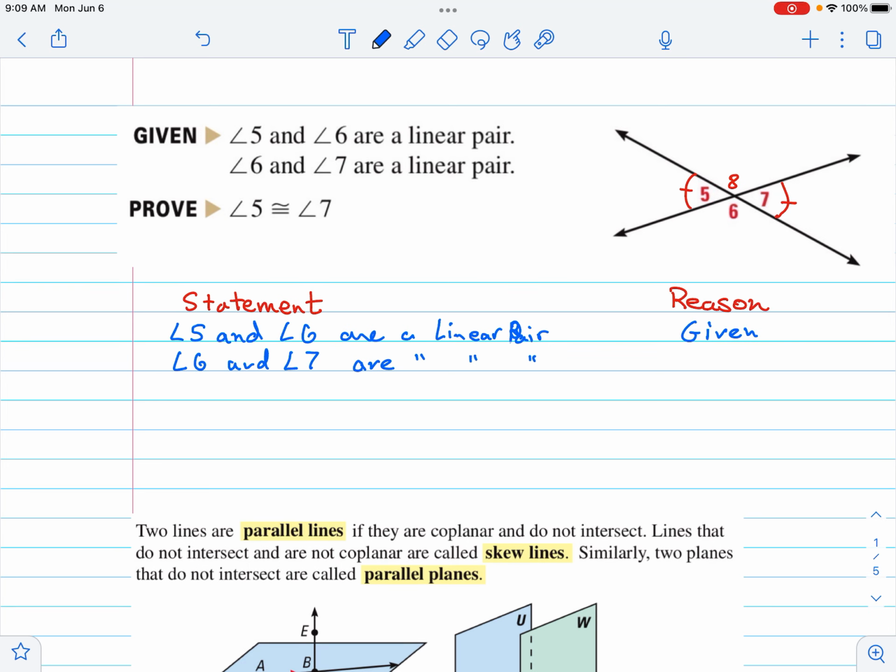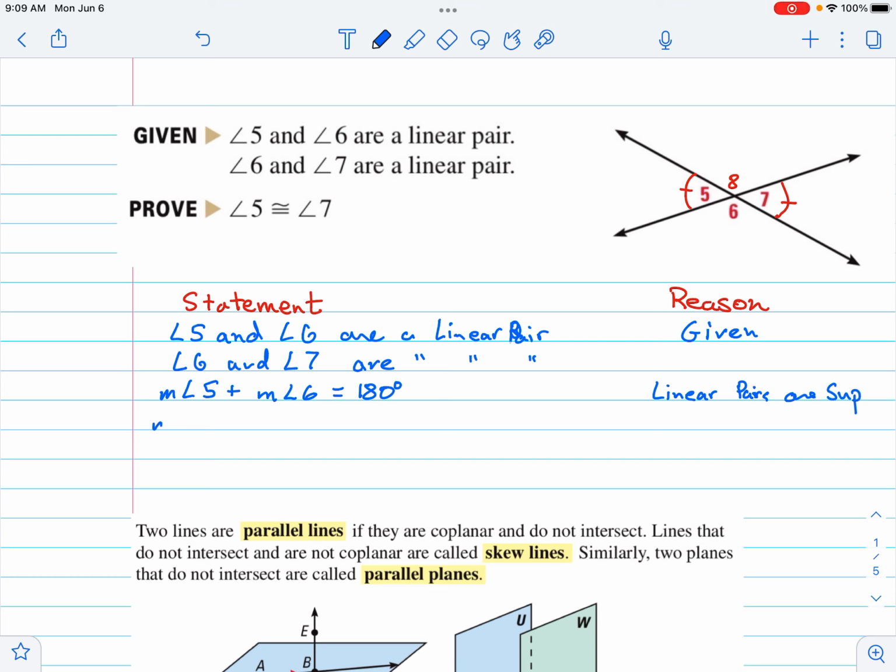Now, here's the next thing. We would say the measure of angle 5 plus the measure of angle 6 is equal to 180, because linear pairs are supplementary.